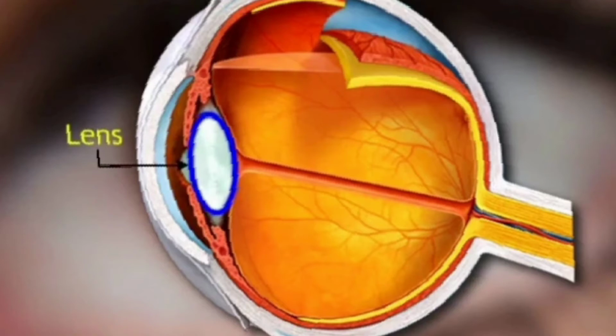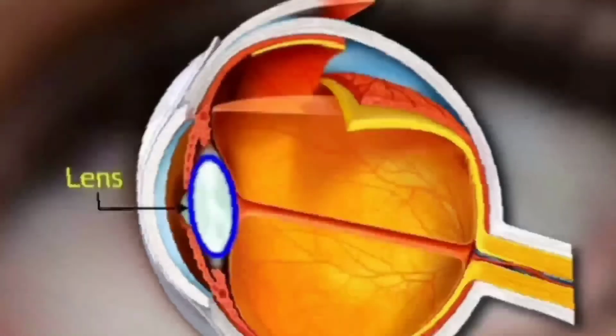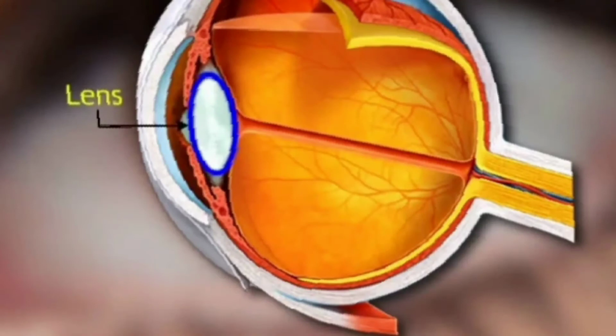Now this screen is made up of light sensitive cells, and that is called the retina. So here we have the retina. I'll just repeat this part, children. Here through the lens we are getting the image. So I'll just draw the object and explain. Suppose this is one object.